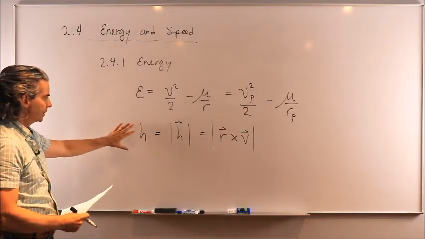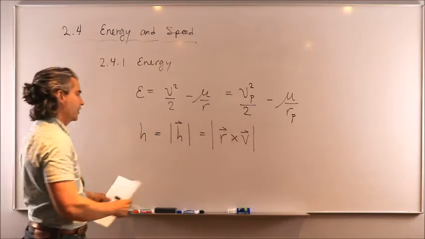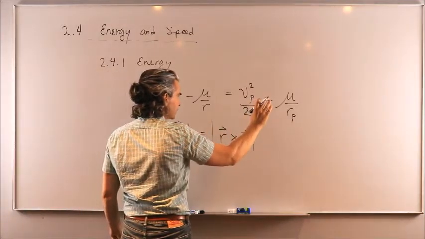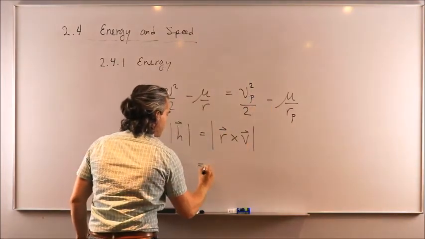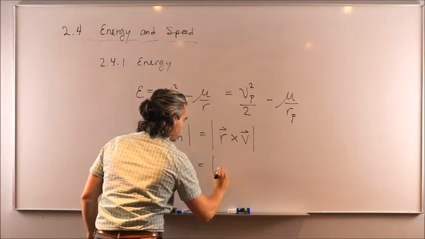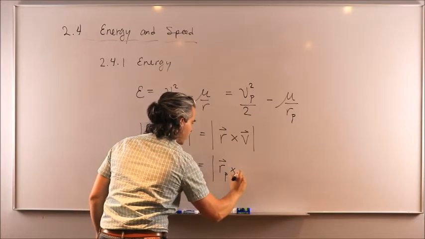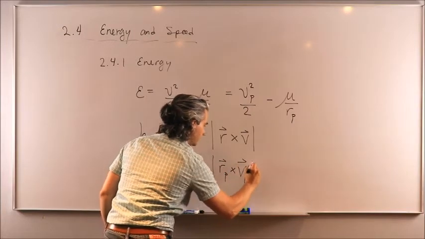While this is also a constant of the two-body problem, and therefore, if I want to evaluate it at the perigee, same point as here, then what I can write is that this is RP vector cross product with VP vector, like that.